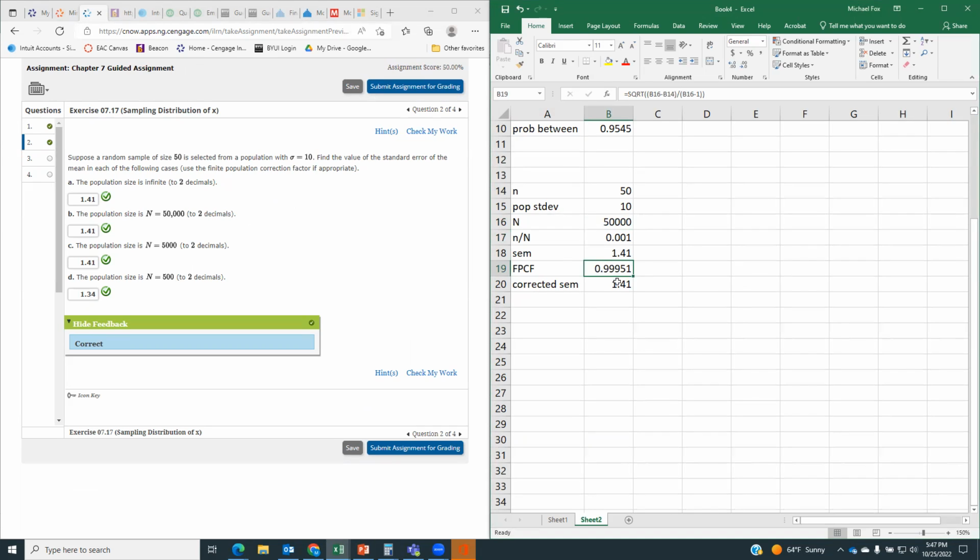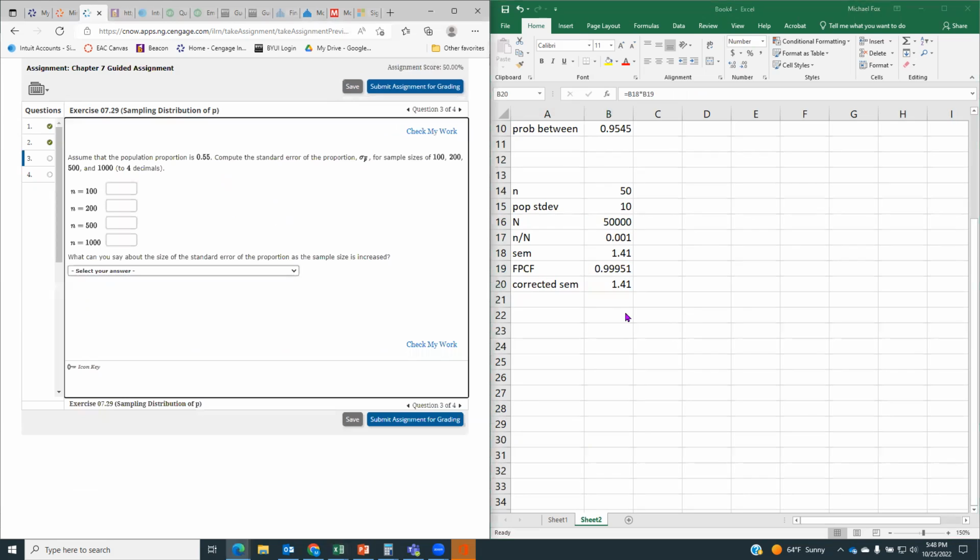And so the number still comes out to 1.41 even with correction. And even if it was 5,000, it still comes out the same even corrected. But it's still better to just test and ask, is my little n divided by big N greater than 0.05? So let's move on to number 3.